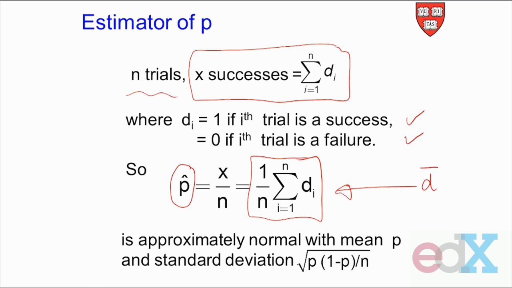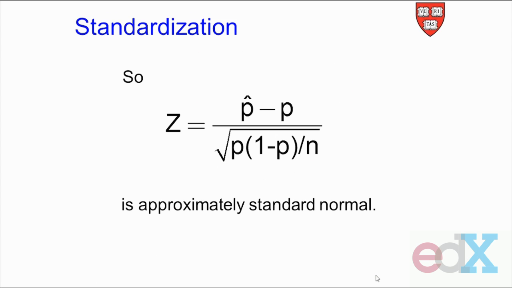So p hat is approximately normal with mean p, which is the quantity we're interested in, and standard deviation the square root of p, 1 minus p divided by n, if we know p, of course. But it's a function of p. So if we want to set up our standard normal variate, there it is.